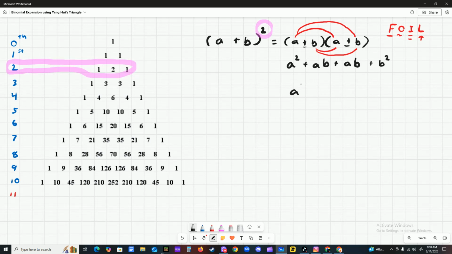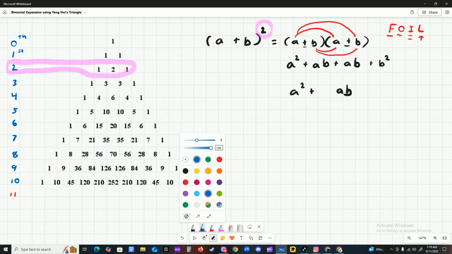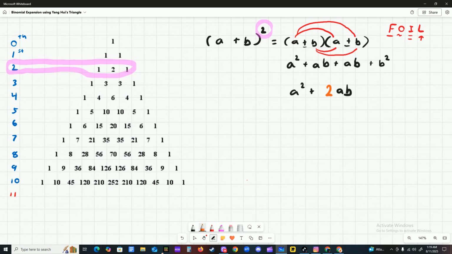So we have a squared plus 2ab. Let me use a different color for the coefficients. Let's go with orange. So 2ab plus b squared. But there's no coefficients on the a squared and b squared terms. Well, there are. It's just a 1 in disguise because we have one a squared term and we have one b squared term.